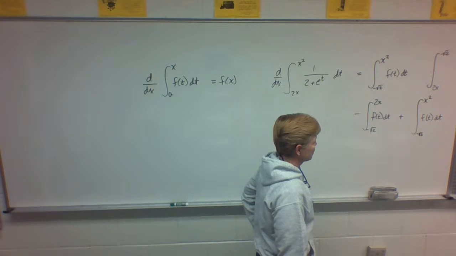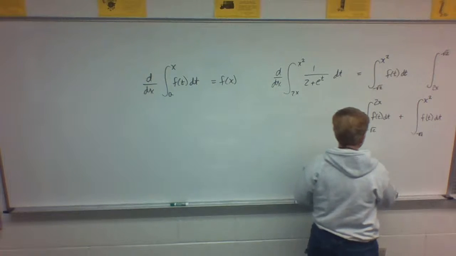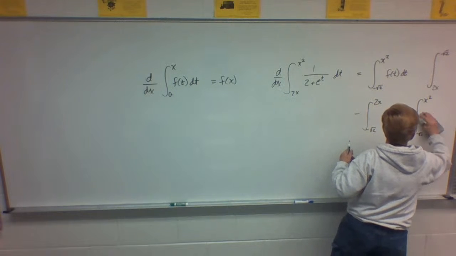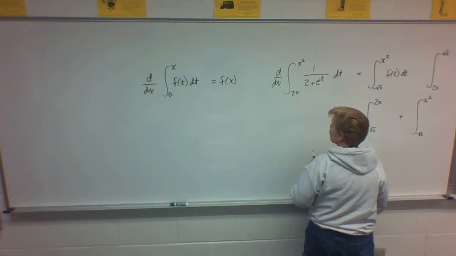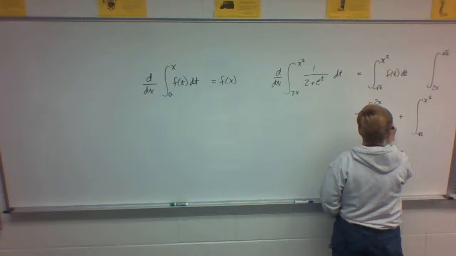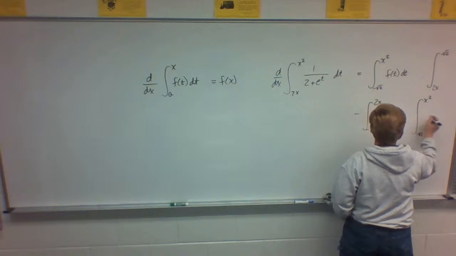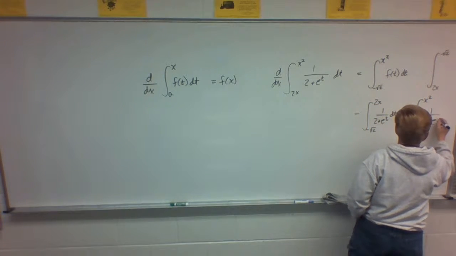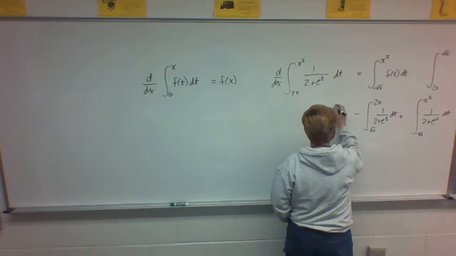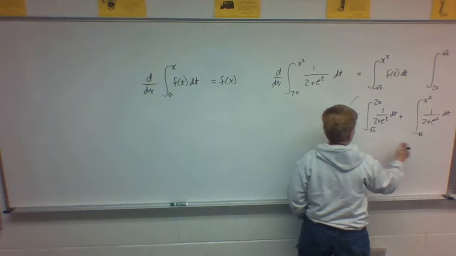Yeah. All good. Now I'm going to replace these with the function that we're actually dealing with and see what we can do. It is 1 over 2 plus e to the t. And we are deriving this.